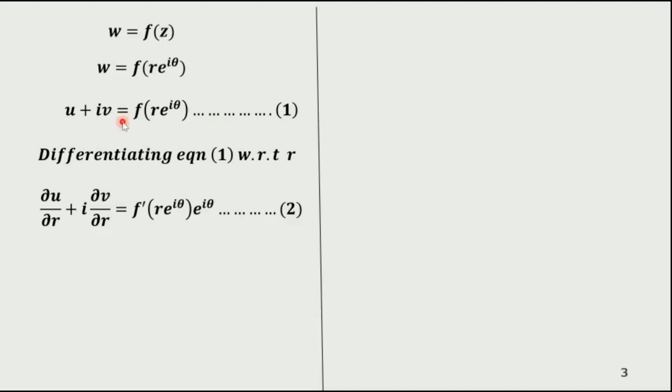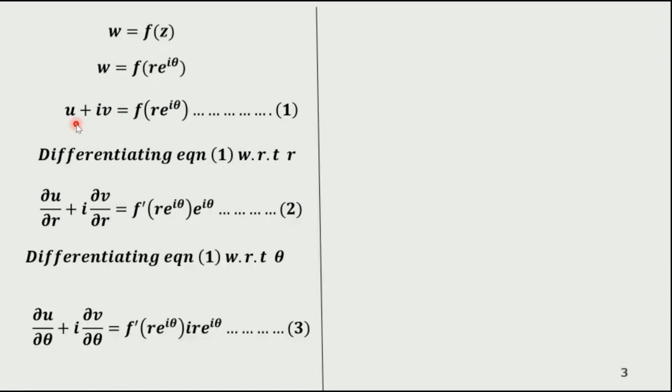So differentiating equation 1 with respect to theta, we will get dou u by dou theta plus I into dou v by dou theta. Again, derivative of f will become f dash into the derivative of r e raised to I theta. Derivative of r e raised to I theta with respect to theta: r is a constant, and derivative of e raised to I theta is I e raised to I theta.